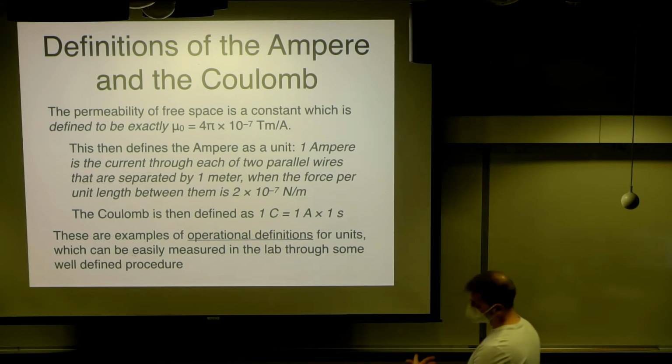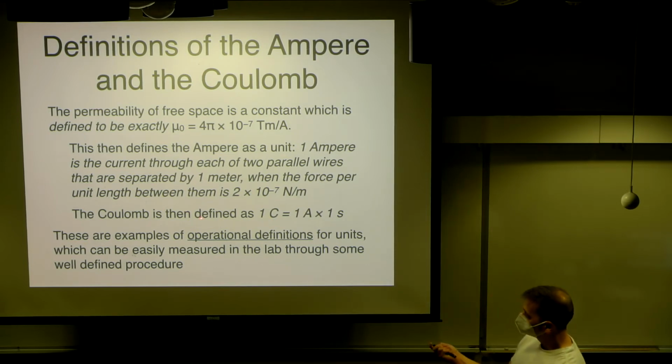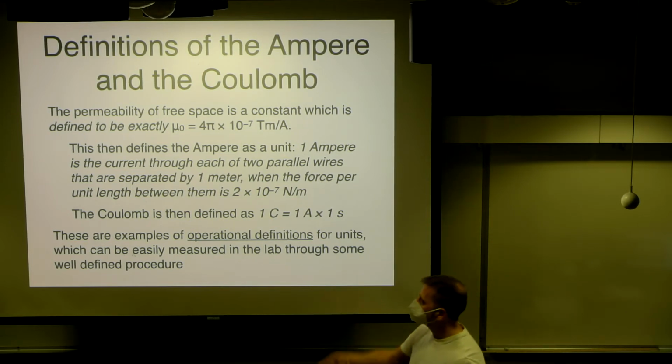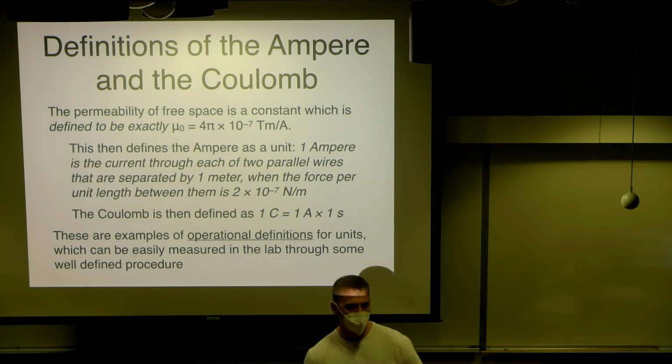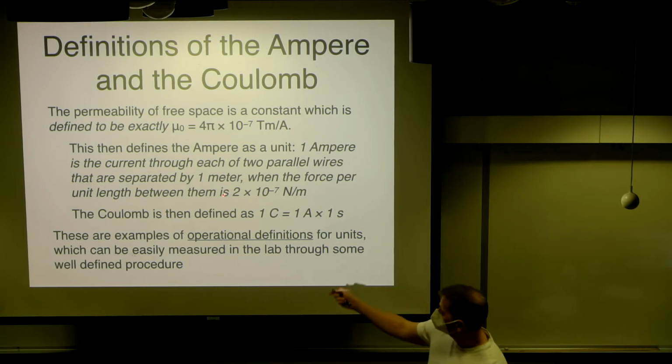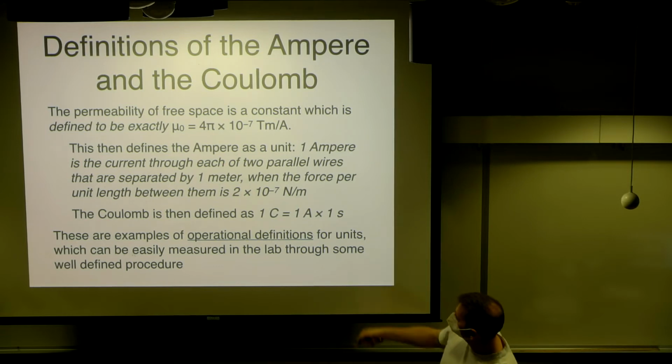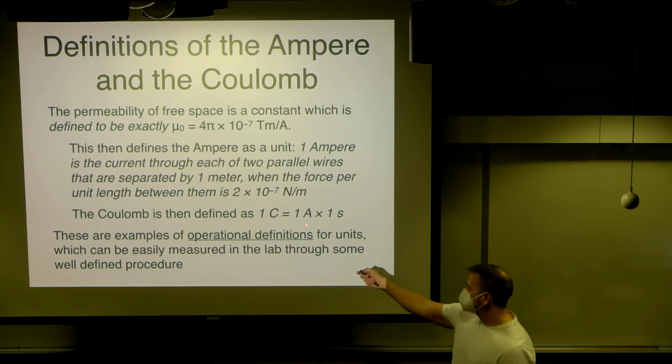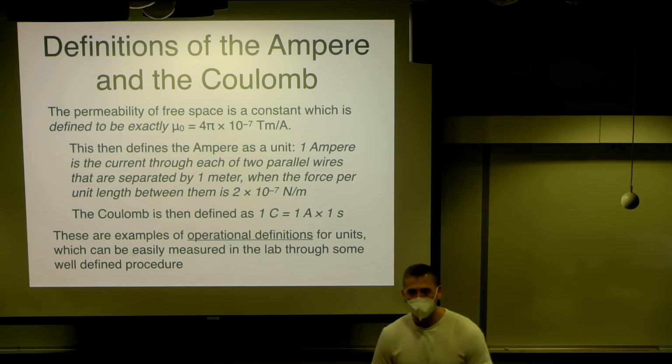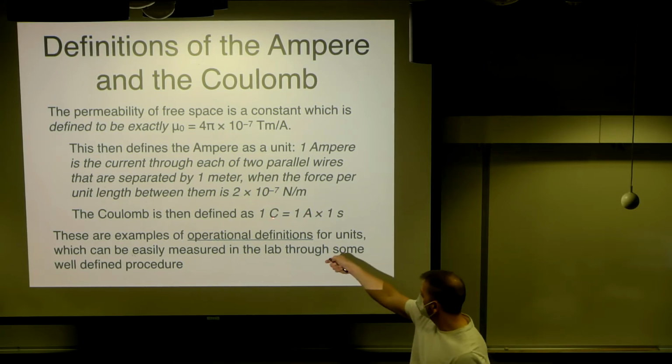Once we have the ampere, we can then define the coulomb. It turns out it's a lot easier to measure currents than charges. It's hard to store a bunch of charge on an object and measure exactly how much you have. Much easier to measure a current. So if we define the ampere as a unit of current like this, the coulomb as a unit of charge is just an ampere times a second, because an ampere is a coulomb per second.